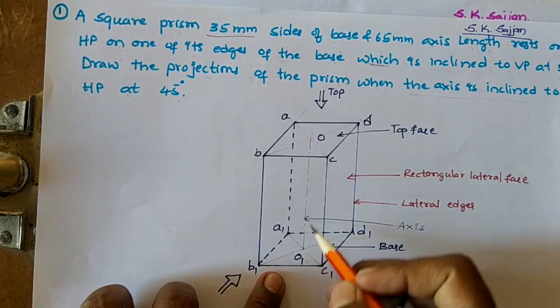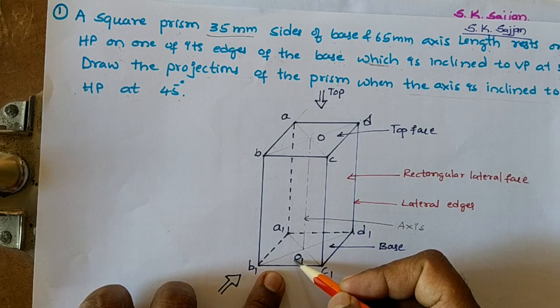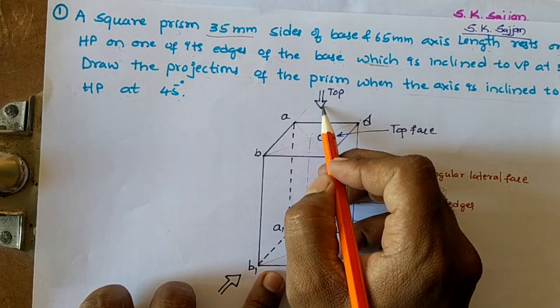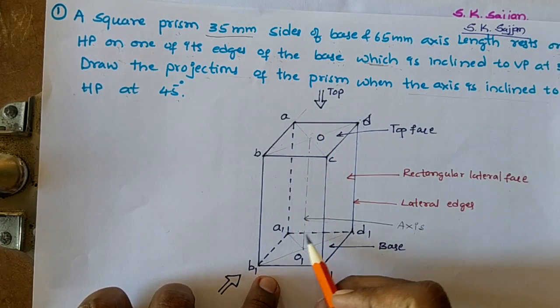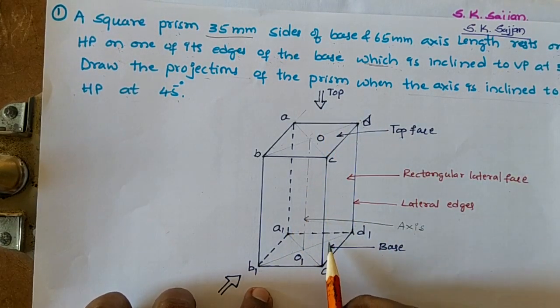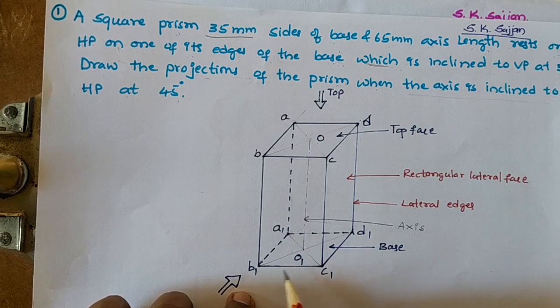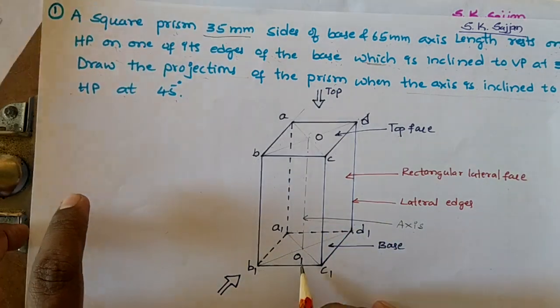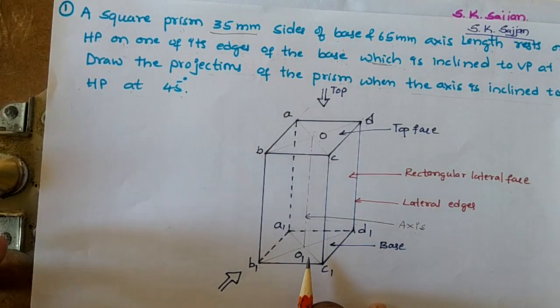Base is exactly below the top face, hence it is invisible when looking from the top. But we have to show this base. The base name as A1, B1, C1, D1, write it within bracket.